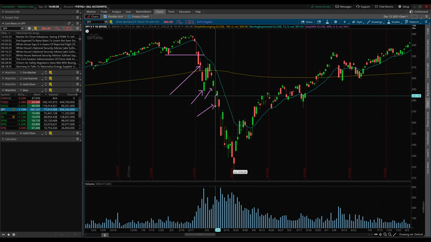So on March 9th, because right here, it broke below this support, right? It just, boom, right here. First candle to open below the support. And this candle just touched the support, so yeah, it's still wishy-washy.